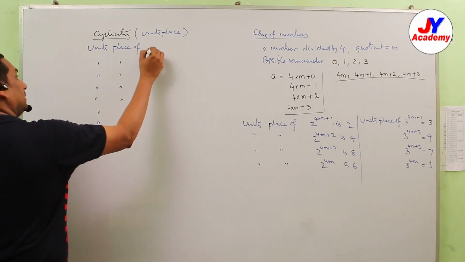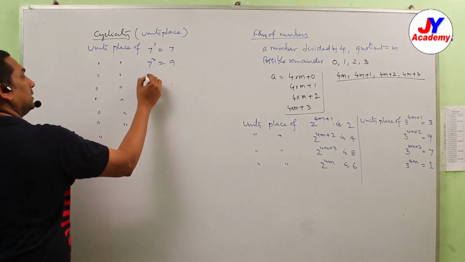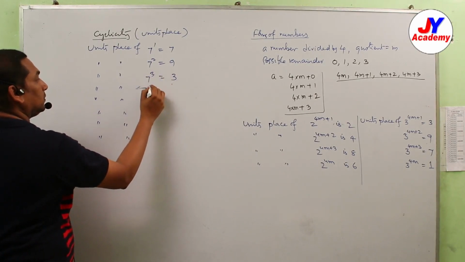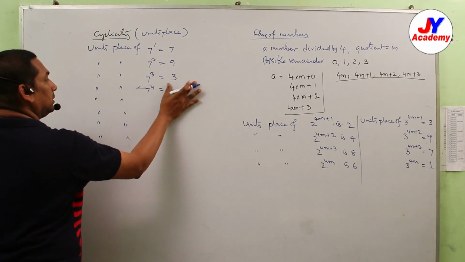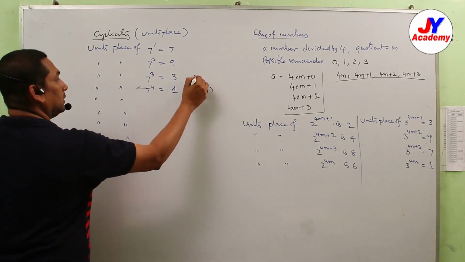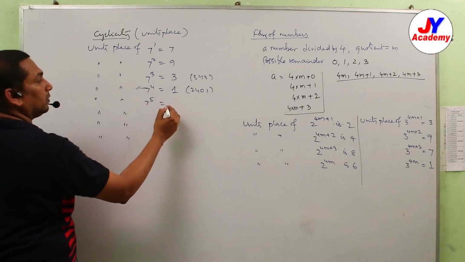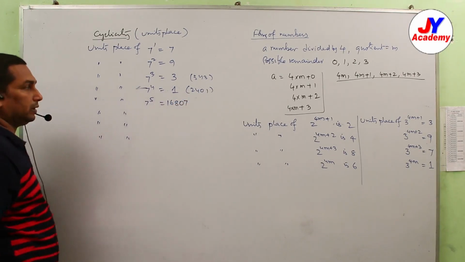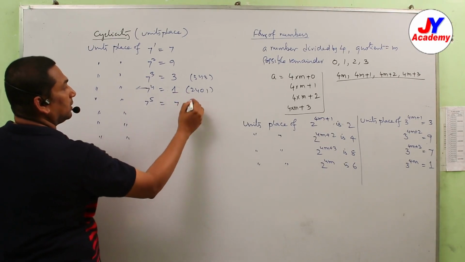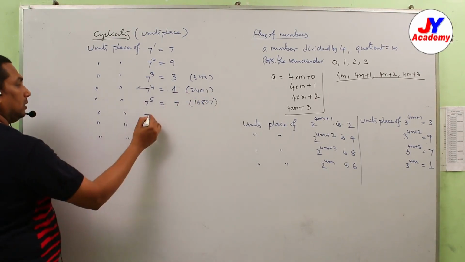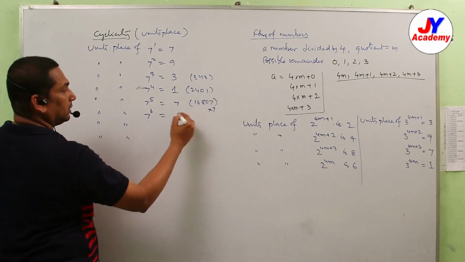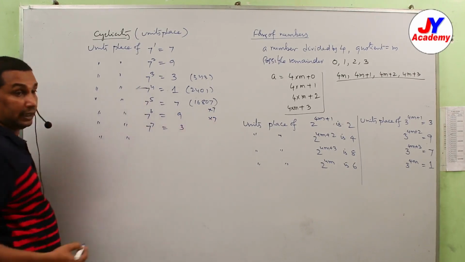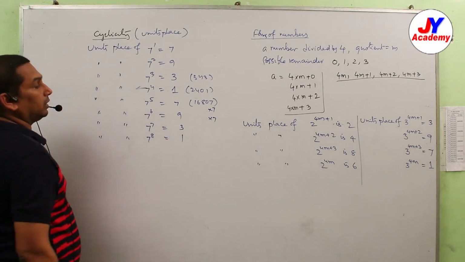Now 7 power 1 is 7, 7 power 2 is 49, 7 power 3 is 343, 7 power 4 is 2401, 7 power 5 is 16807, 7 power 6 ends with 9, 7 power 7 ends with 3, again into 7 gives 1.